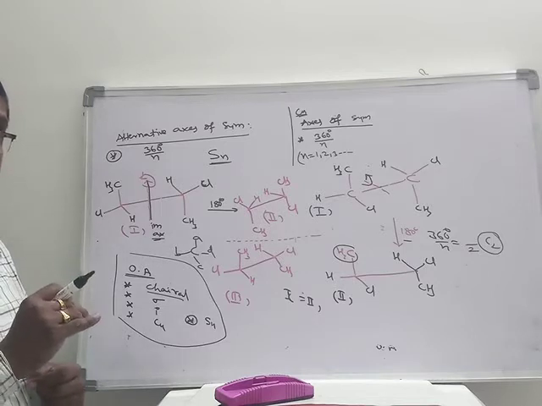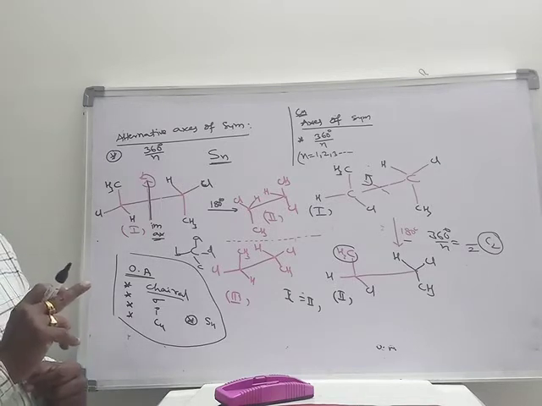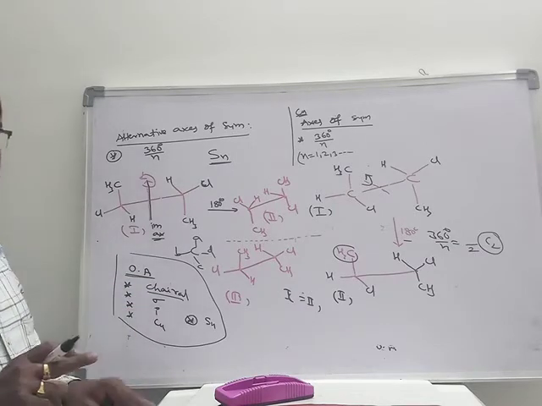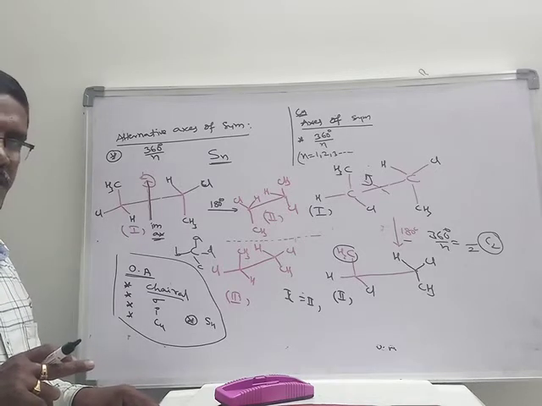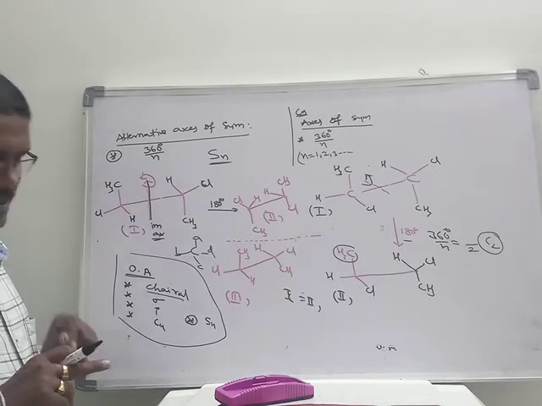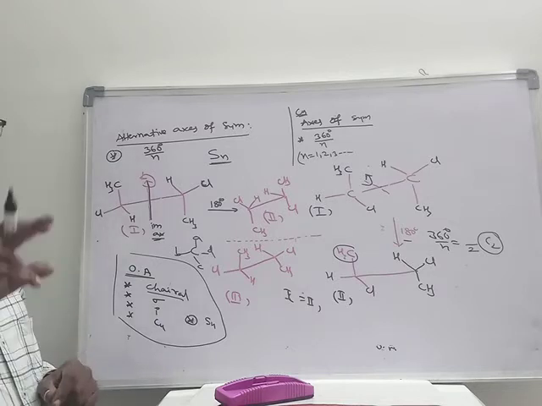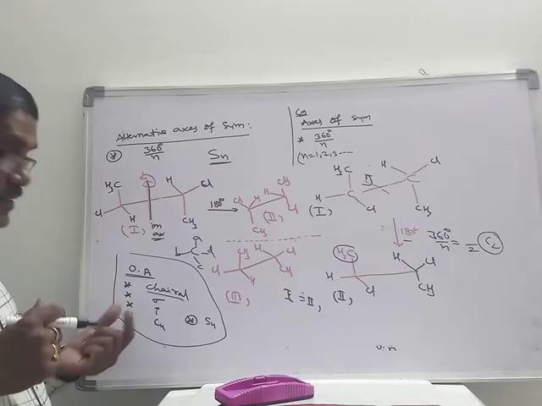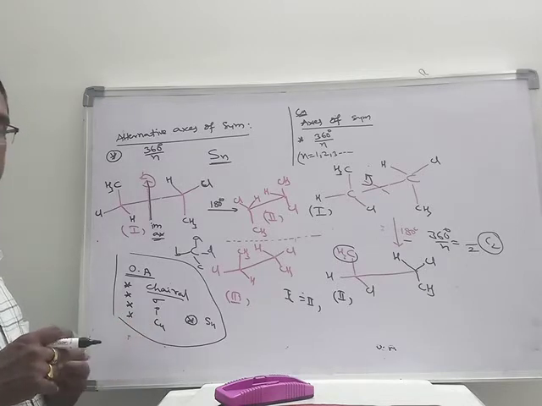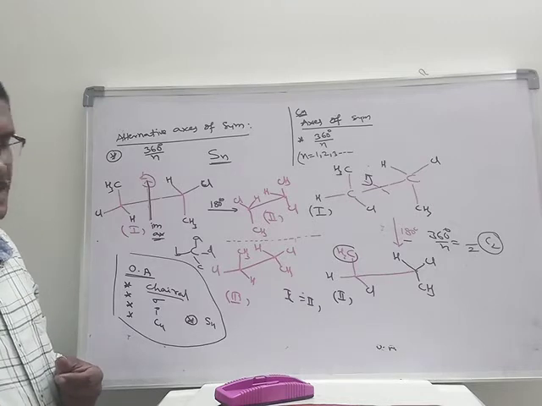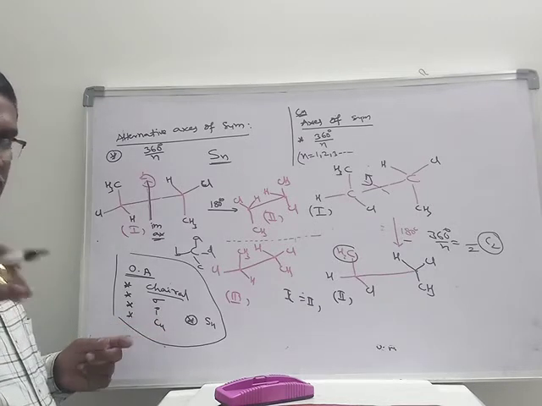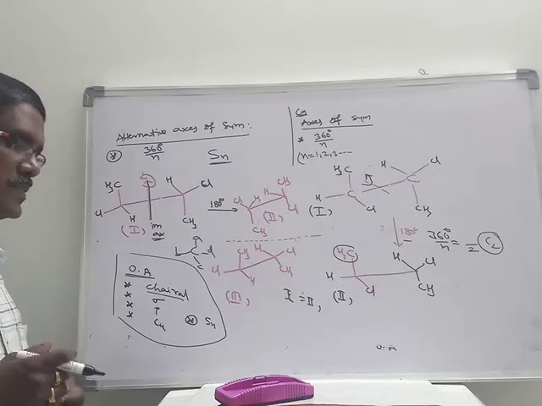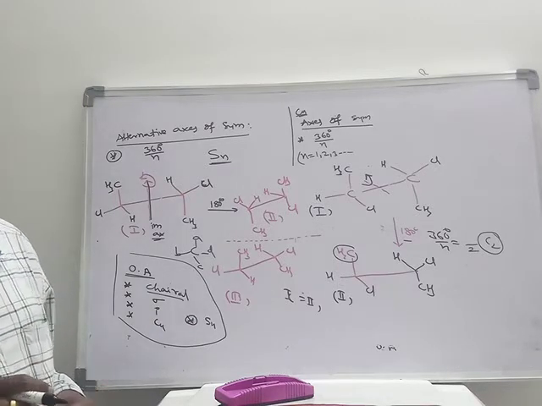If it touches 2 equal groups at the same distance, then the imaginary point is called the center of symmetry. It is denoted by I. If I is absent, it is optically active. Then if axis of symmetry, Cn, is absent, it is optically active. Sn is the alternating axis of symmetry. In some cases, it may be active or it may be inactive.